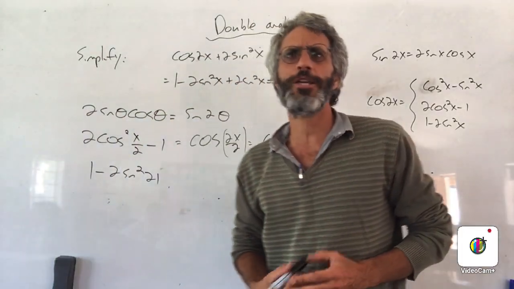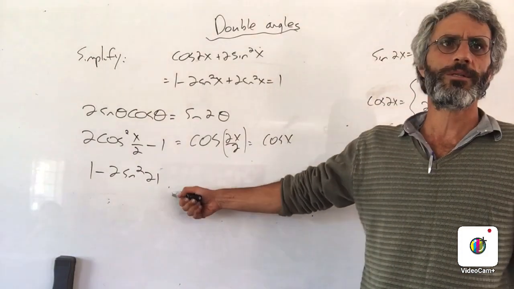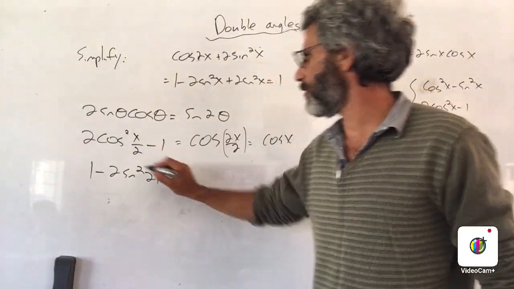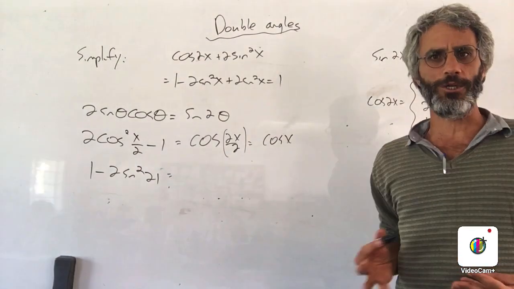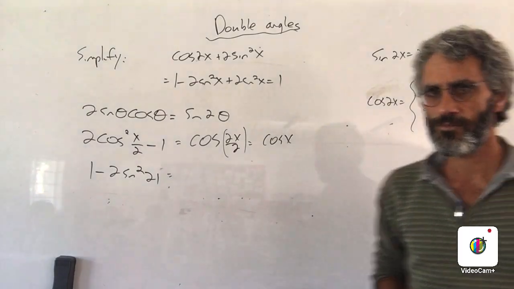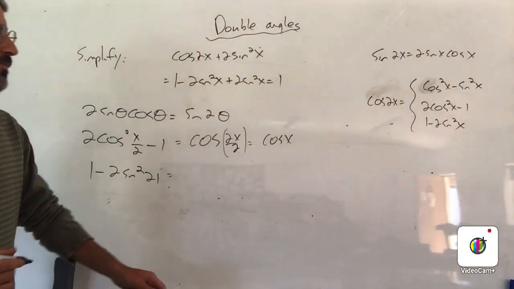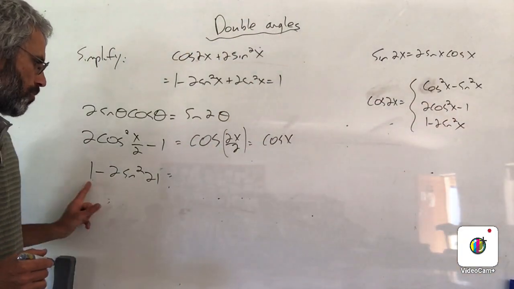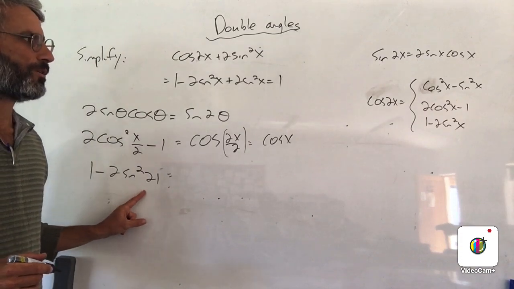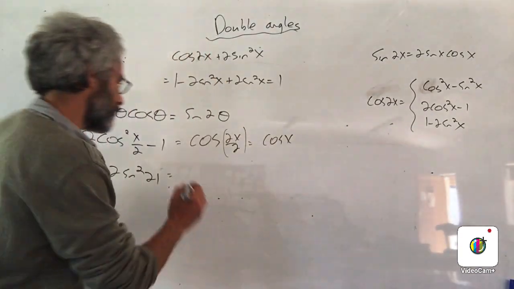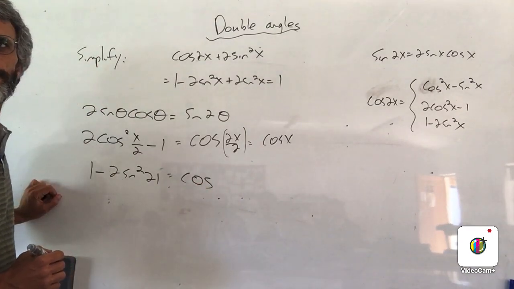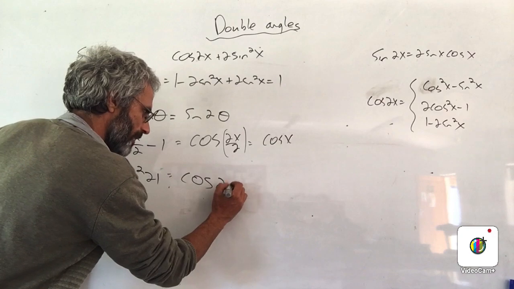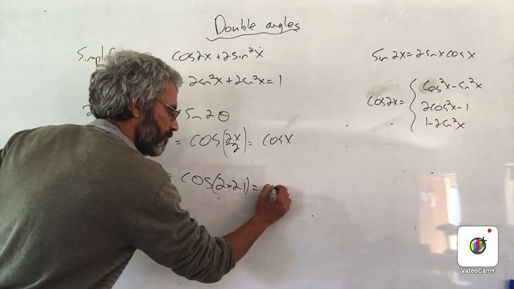A similar question, this time with a number. What is 1 minus 2 sine square 21? We want to work backward to a single trig ratio. Which formula are you going to use? We will be using the last one. So it's going to be cos, but cos what? Cos 2x. 2 times 21, in other words, cos 42.